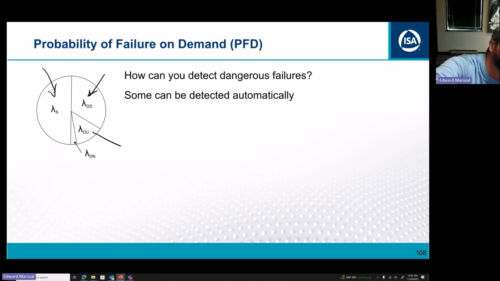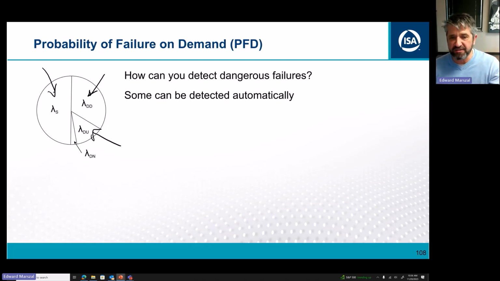There are dangerous undetected failures. So the DU term means I have a dangerous failure, a failure that's going to prevent the safety function from being able to do its job. But at the same time, I can't detect that failure with diagnostics. The only way that I'm going to be able to detect that that failure is present is to do a full functional test.